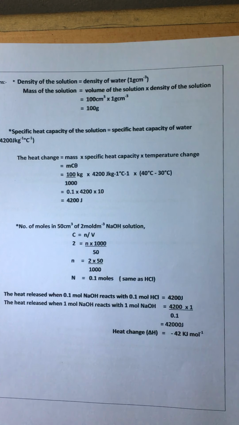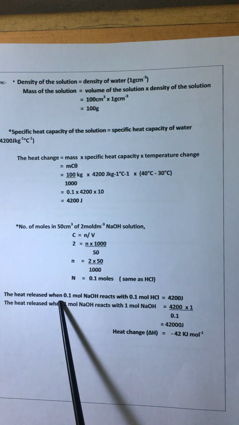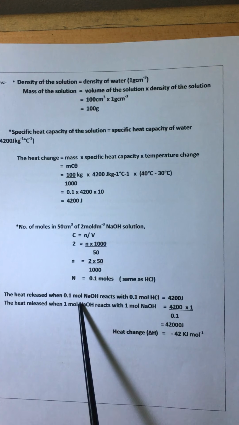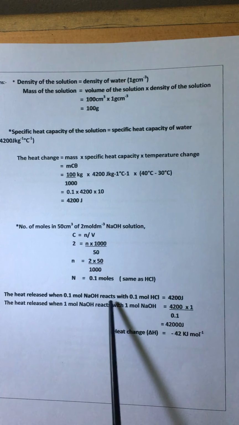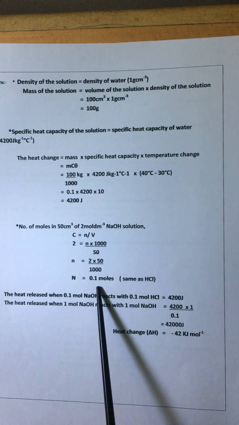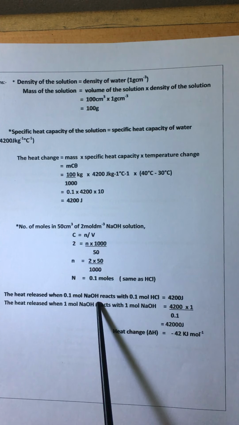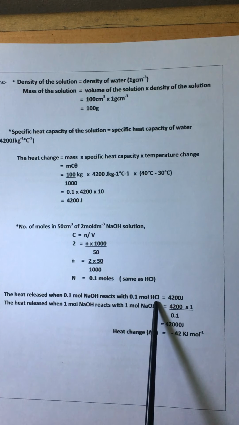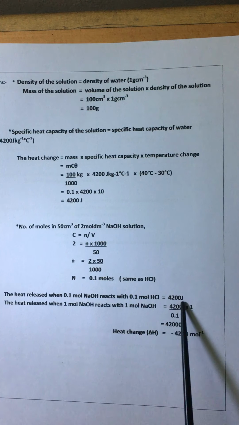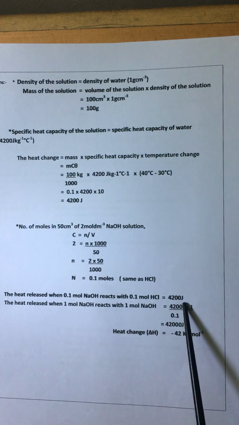So how do you calculate the heat released? That is delta H you are going to calculate. The heat released when 0.1 mole sodium hydroxide reacts with 0.1 mole HCl is 4200 joules.